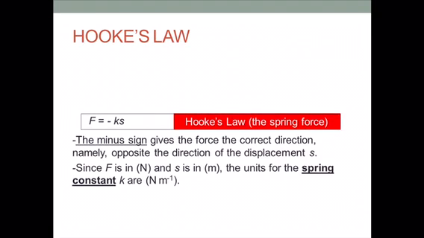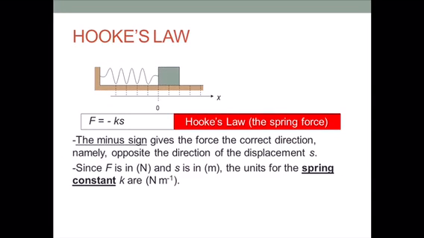Hooke's law. Let's imagine there is a spring with a block of a certain mass attached. The spring is not contracted or retracted, it's in its rest position, and that rest position is x equals 0.